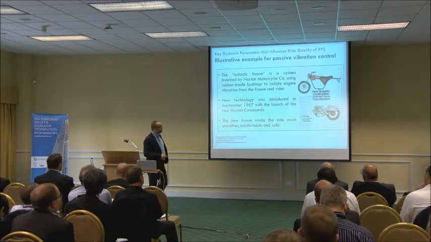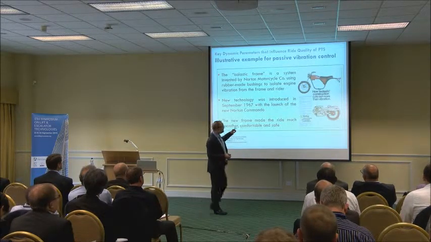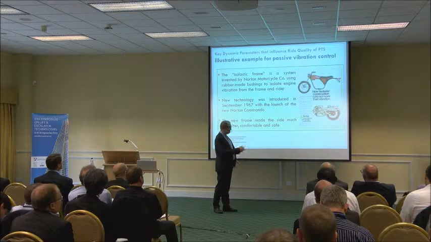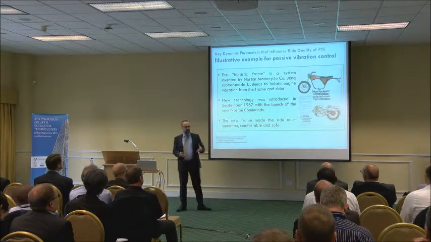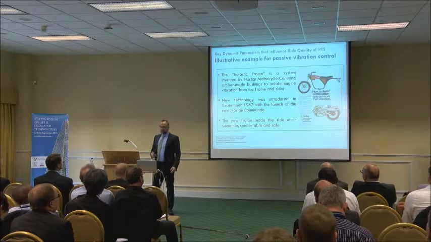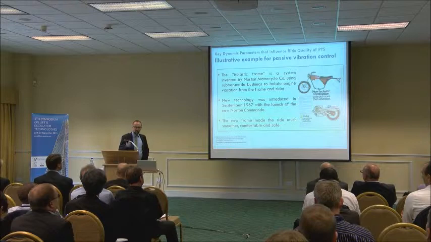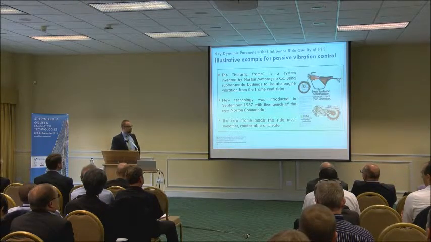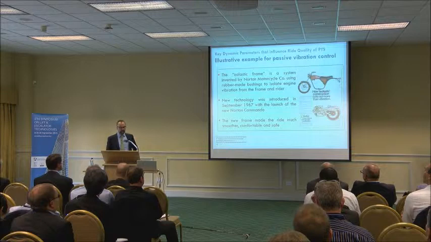And how did they do that? They just added a rubber ring into the frame here, where the engine is mounted to the frame, so the vibrations coming from the motorcycle engine didn't move into the frame and into the driver.